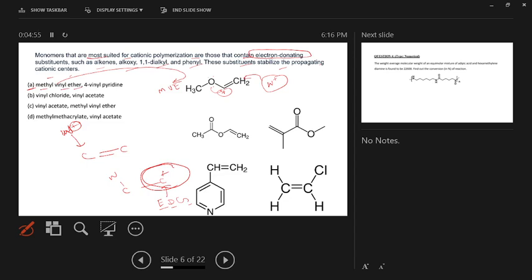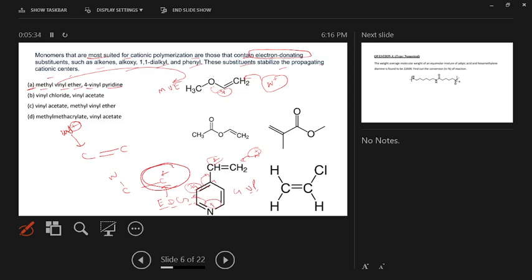Similarly, 4-vinyl pyridine is this one. If we start numbering from the nitrogen, it is first, second, third, and fourth, so this is 4-vinyl pyridine. When any positive charge reacts, the plus charge will be here. Then this bond will shift here, and again the plus charge will shift. Then this bond will shift again and the plus charge will be shifted here.